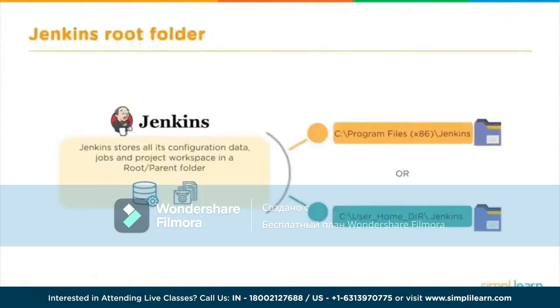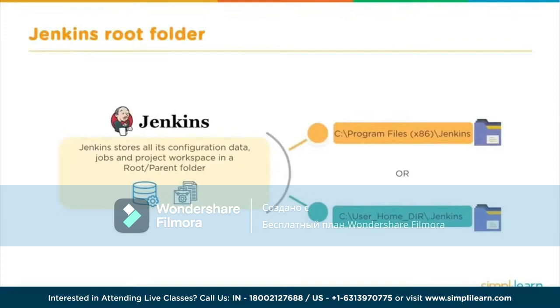Before you start Jenkins installation, just be aware of one fact: there is a variable called Jenkins Home. This is where Jenkins would store all its configuration data, jobs, project workspace, and all that specific to Jenkins. By default, if you don't set this to any particular directory and you install an MSI installer, your installation gets into C: Program Files (x86), Jenkins folder.